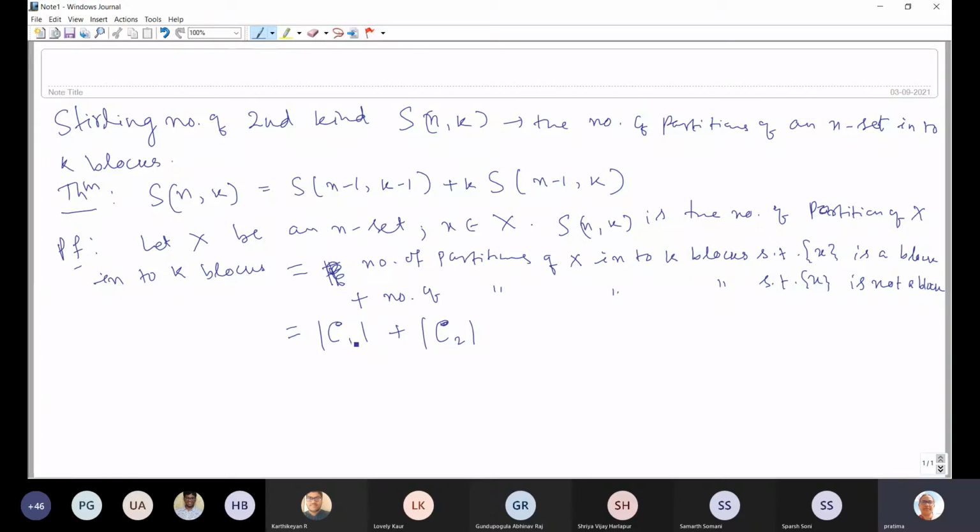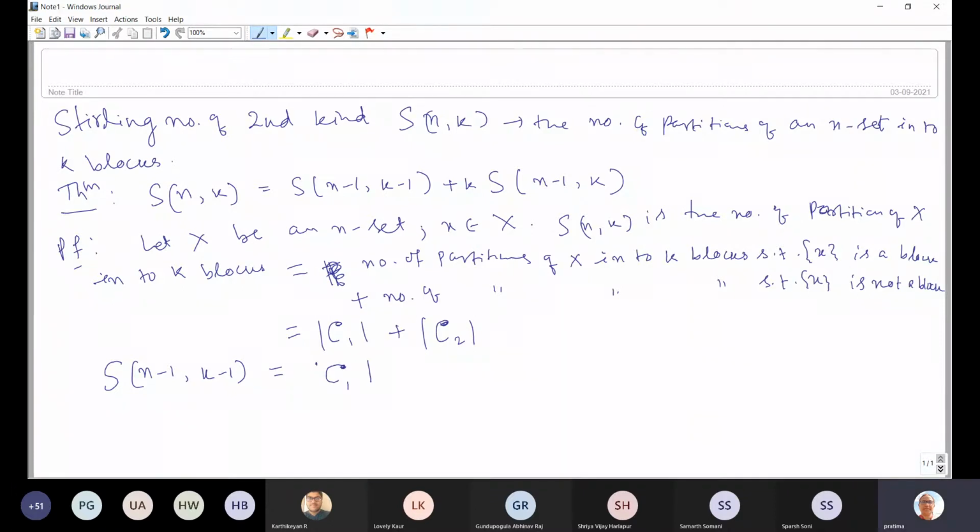And for the cardinality of C1, if we remove the singleton set {x}, then there will be a one-to-one correspondence between the partitions of an n-1 set into k-1 parts and this collection C1.